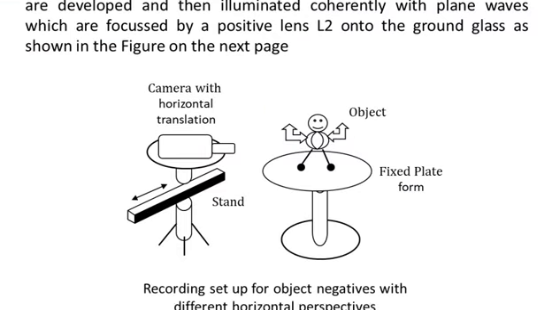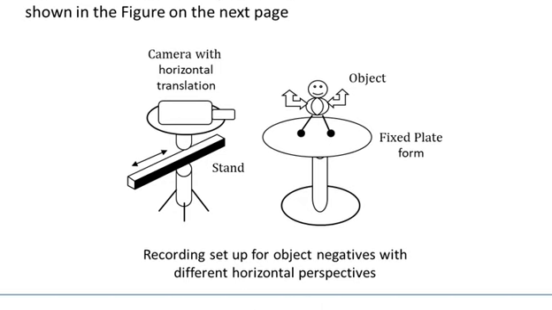Look at this one. This camera with horizontal translation arrangement is placed on this table. The arrow on the stand indicates that the camera can be moved horizontally towards the right and towards the left, whereas the object is fixed on a fixed platform. And this is the recording setup of the object negatives with different horizontal perspectives.